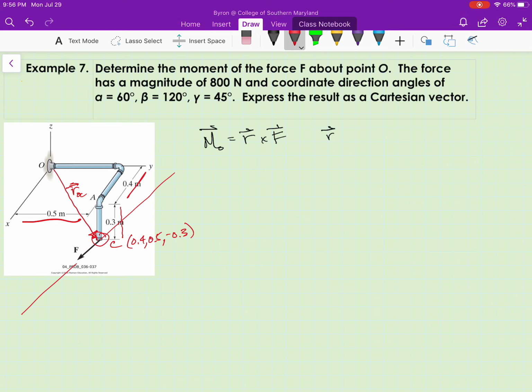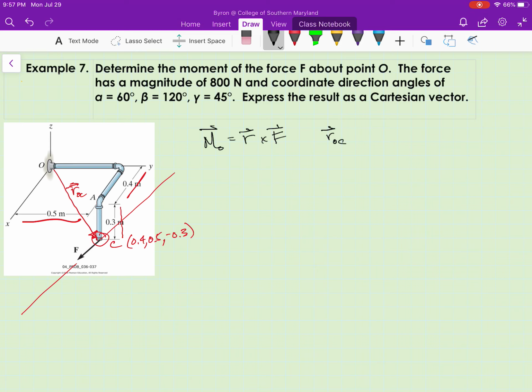Before we do that, it's pretty obvious that R sub OC is the best position vector to use in this problem. We probably could find the coordinates of other points along the line of action of F, given the information that we have, but the math would be prohibitive. We want to pick the easiest legitimate way to do the problem, and R sub OC is the position vector that makes sense.